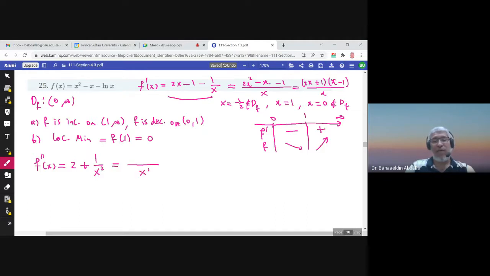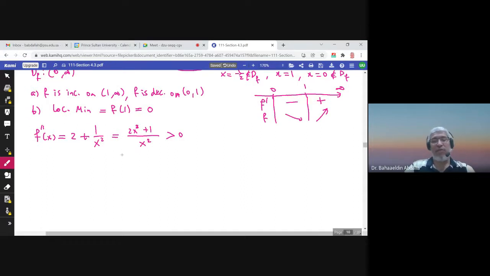I can add these two terms. And I can see from here that this is positive and this is positive, so f double prime is always positive. It will never be 0 even. It's always greater than 0.